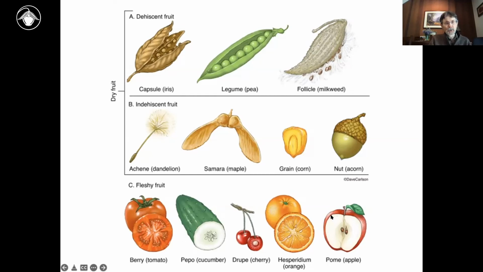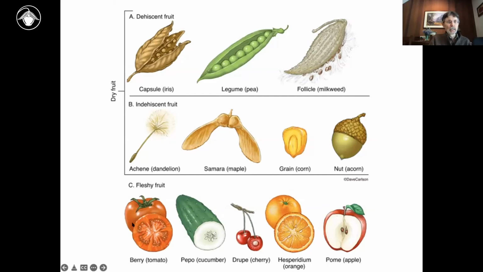Fleshy fruits, there are a couple of major types. And I should point out that dispersal of indehiscent fruits is often associated with either abiotic means, like wind or water, or it could be associated with animal dispersal by, for example, adherence of the fruit to the outside of an animal. Whereas fleshy fruits have evolved a mechanism of seed dispersal through the gut of an animal.